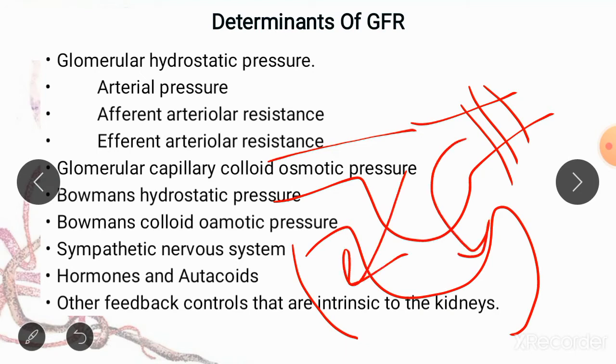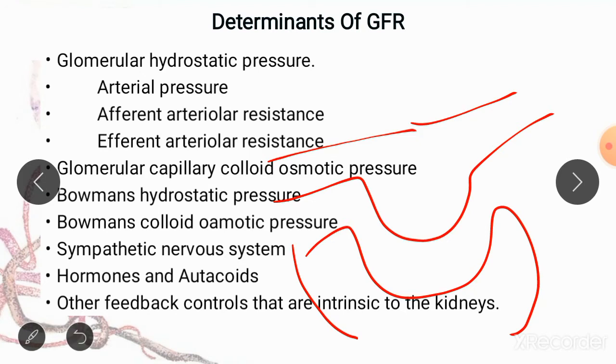Then we have autocoids. Autocoids are substances which are produced by the cells of the kidney, and they act on your afferent and efferent arterioles and cause their constriction or dilation. So macula densa cells, which sense the changes in arterial blood pressure by the concentration of sodium in the distal convoluted tubule, release autocoids and cause constriction and dilation of arterioles.